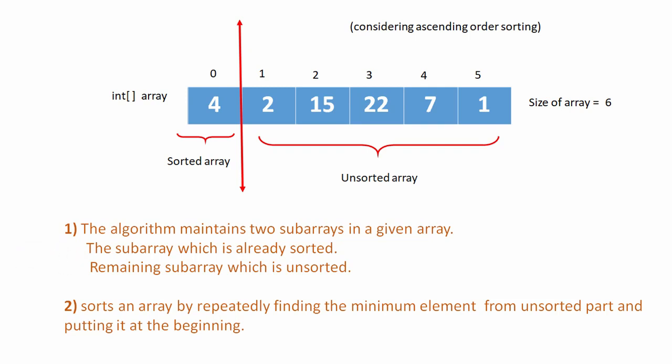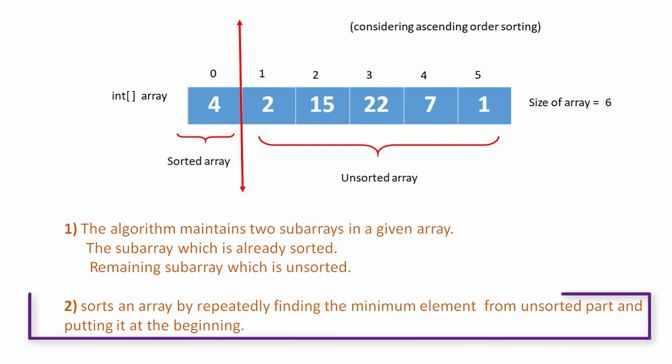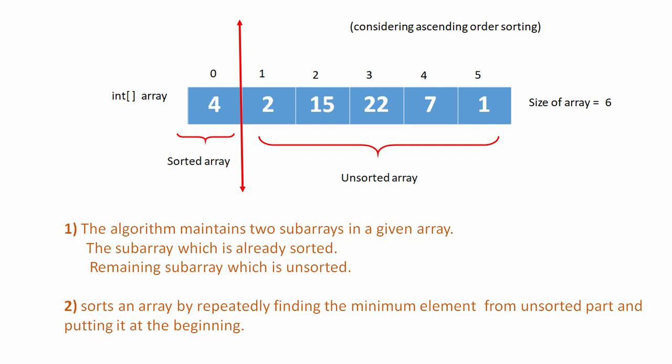And the algorithm works like this: it repeatedly finds the minimum element in the unsorted array. Once we find the smallest element, we will put it in the sorted array. That means we will put it on the left side of the array, we will replace the element. I will explain this concept in the next slide. Now going to the next slide.